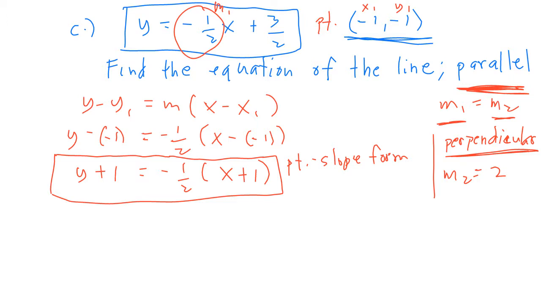So we will try that. Multiplying the whole equation by 2 gives us 2y plus 2 equals negative x, because the 2 cancels out. So negative 1 times x is negative x. Negative 1 times positive 1 is a negative.